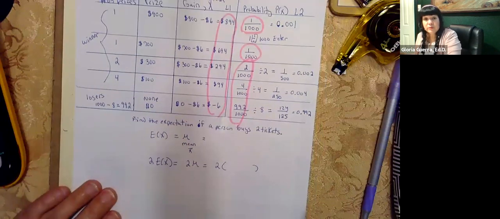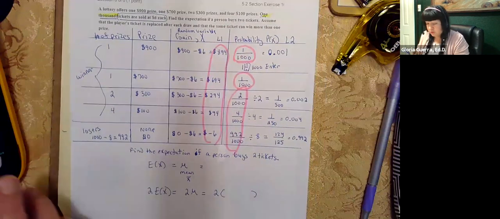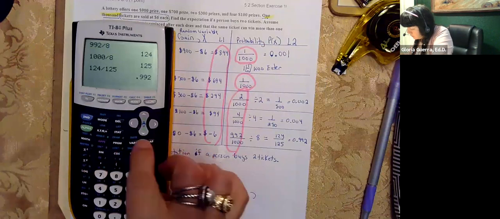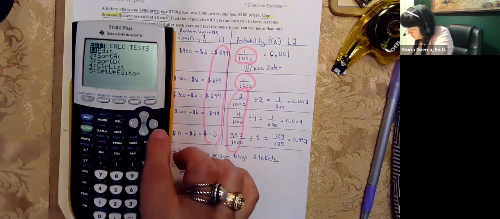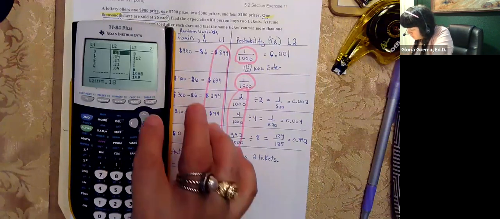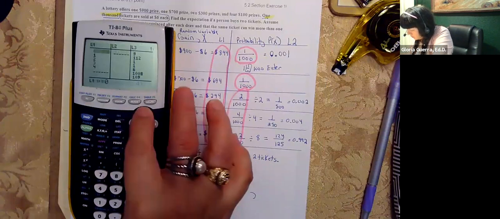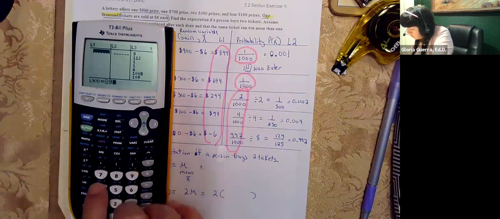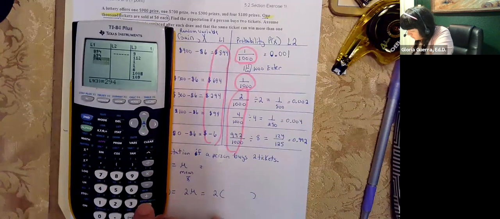All right, so let's see what that's going to give us. Let's enter your data. Stat, edit, clear. Let's enter that. So 894, 694, 294, 94, and then -6.